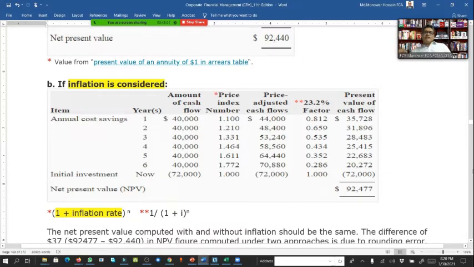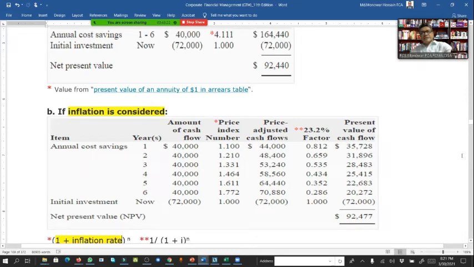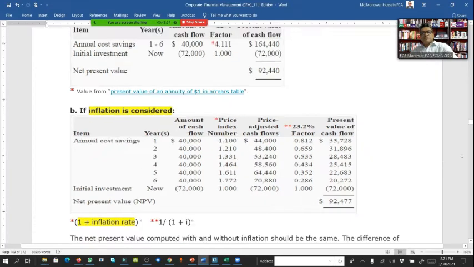In year 6 we get 20,272. If we add all and deduct the initial investment of 72,000, then net present value comes to 92,477.